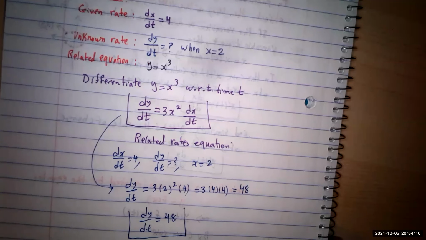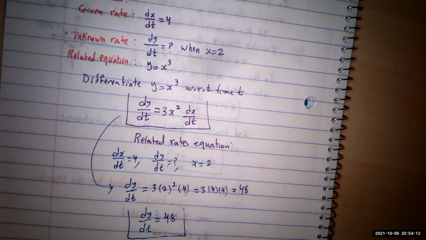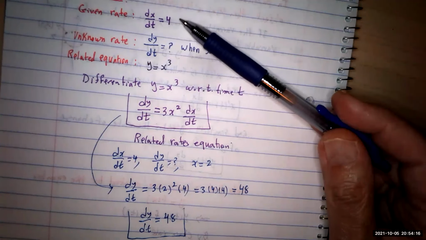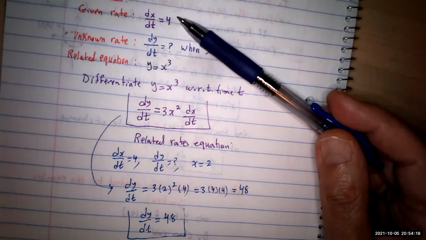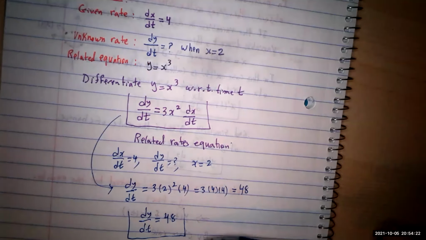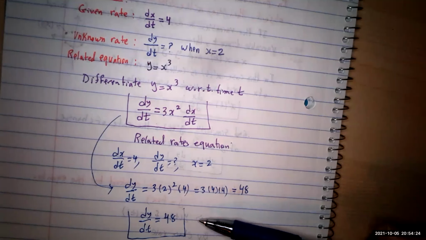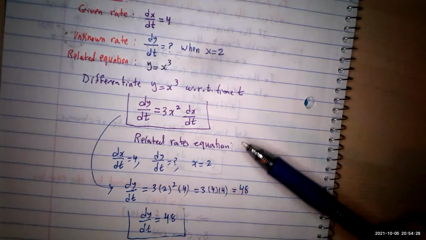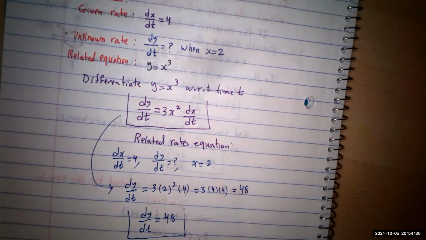It's positive. So if the value of x increases at the rate of 4 units per hour, if you like, then y would increase at the rate of 48 units per hour. This is how you compare these two together.